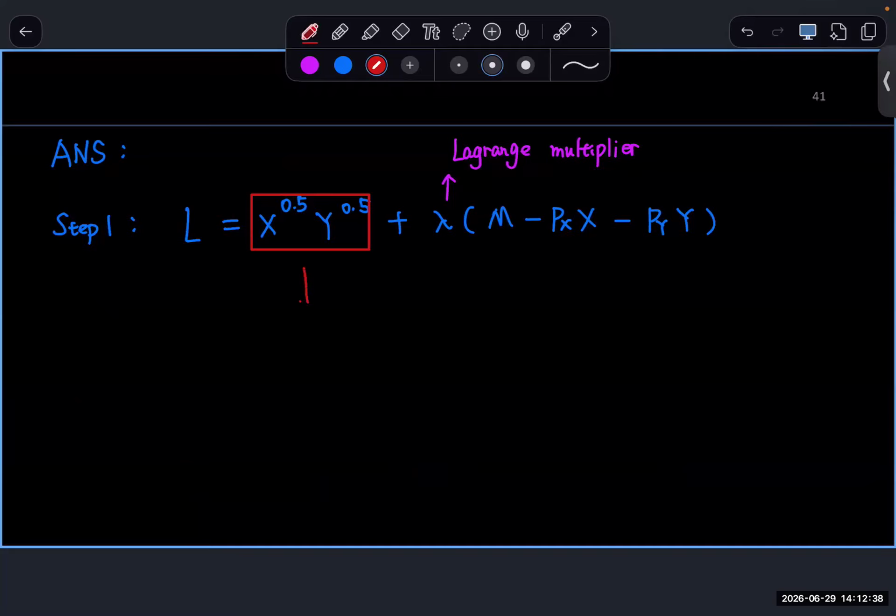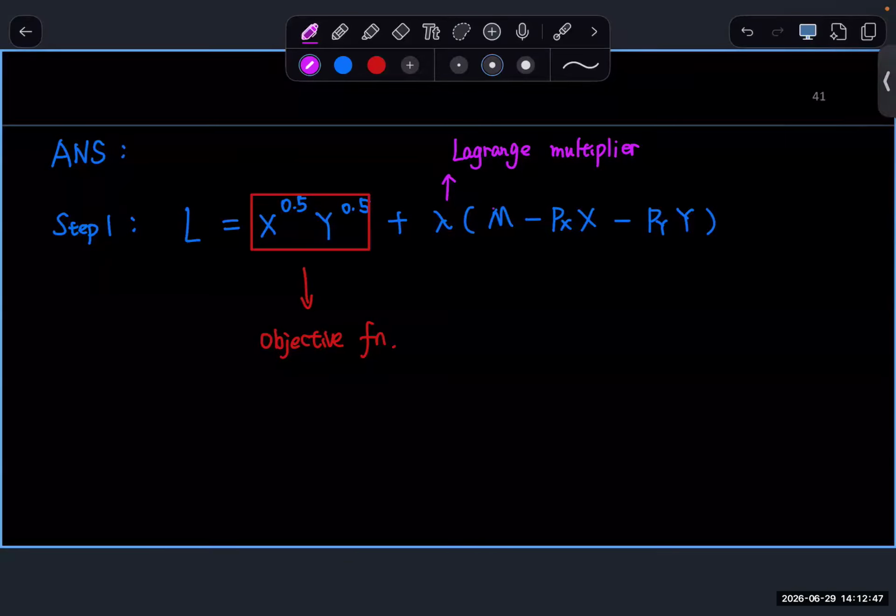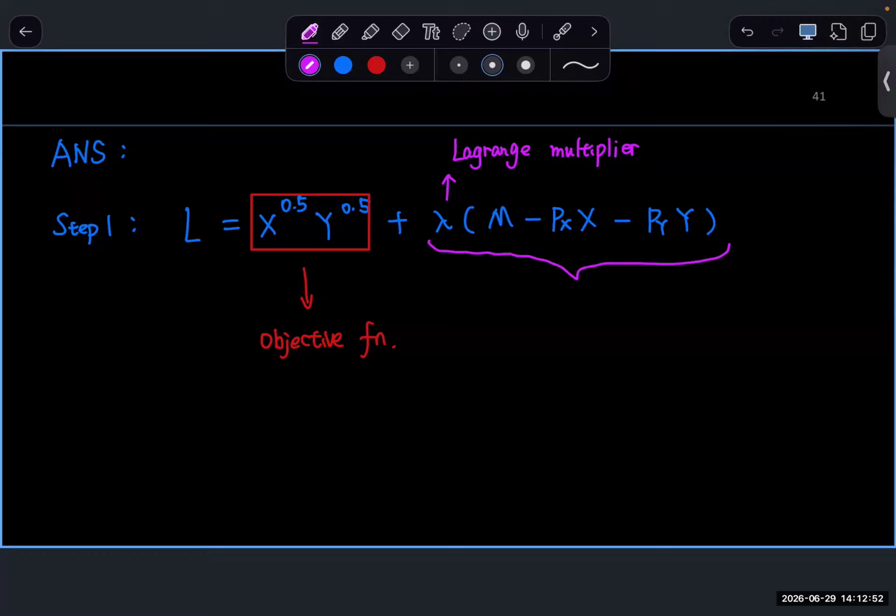So here is the objective function. And the second part, it's the budget constraint, right? Okay, so here is very important. Objective function first, and then plus budget constraint.